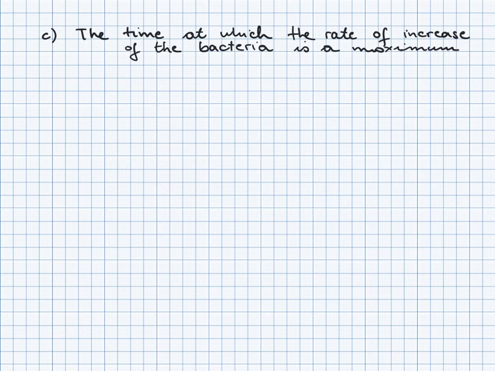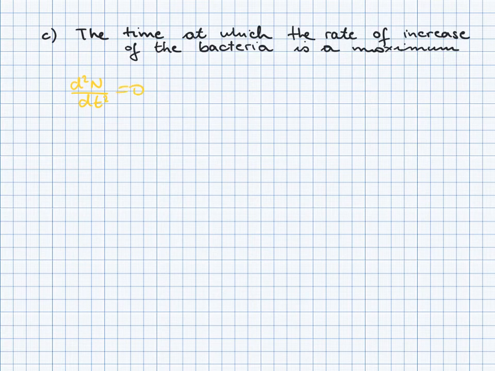We want to find the time at which the rate of increase of the bacteria is a maximum. So, page 4, and find the second derivative, d2n/dt2, when this is equal to 0.